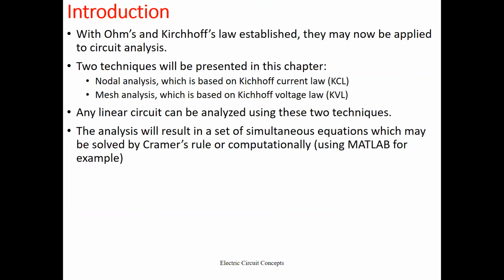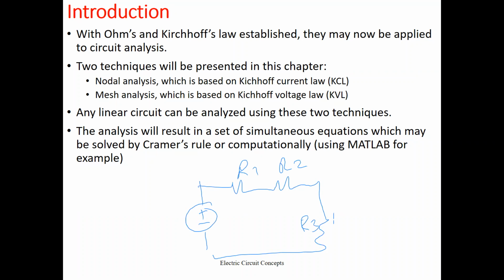If we draw just a circuit, one voltage source, a few resistors in series, R1, R2, R3, and the voltage V, it's easy to find I. If we apply KVL, we say minus V, plus I R1, plus I R2, plus I R3 equal to 0. And then we can solve for I.